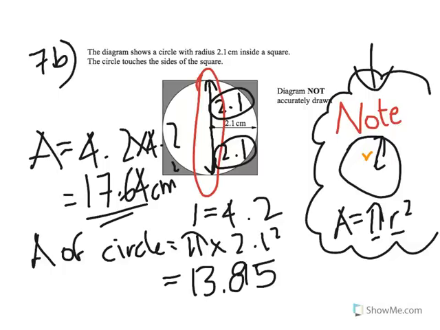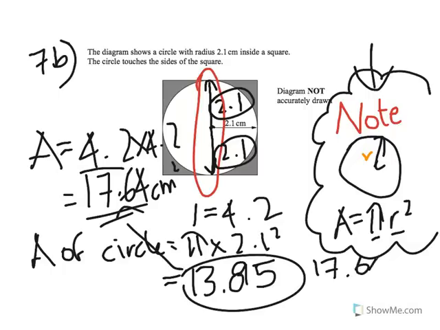Alright, so now all we got to do is subtract this area from this area. So 17.64 minus 13.85, and you're going to get the area of the shaded region, which is nothing but 3.79 centimeter squared.